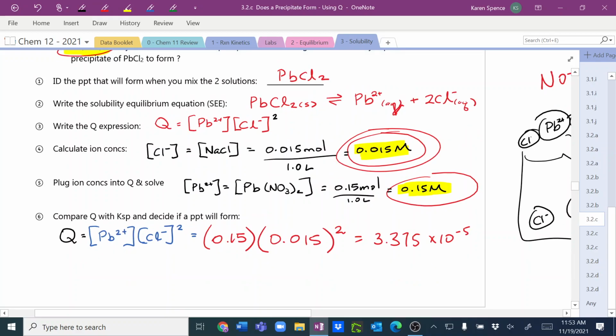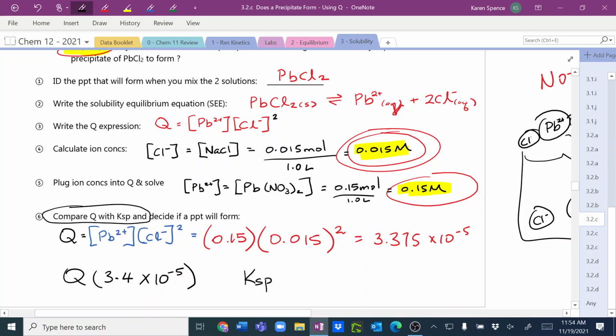What do we always do with the Q? We compare it, yes? So we compare the Q and the KSP. So let's go look up our KSP. Well, first we can write Q. Q is 3.4 times 10 to the minus 5.